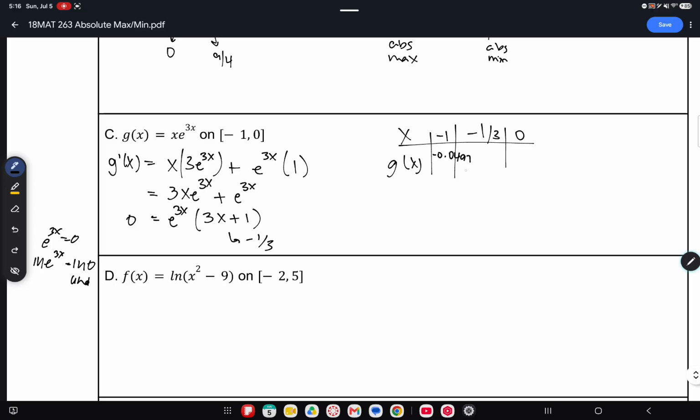Negative 1/3 is negative 0.1226, and it keeps going. And then if I plug in 0, I should get 0. So we actually have a maximum of 0 and a minimum of whatever decimal that is. So minimum, maximum.